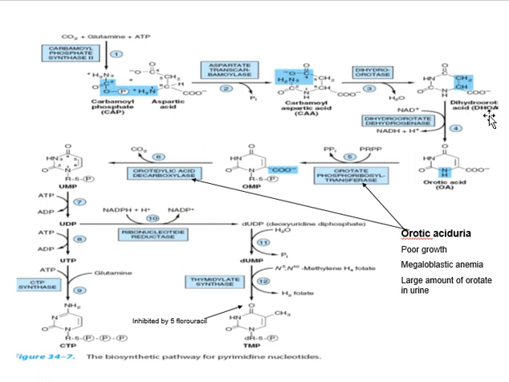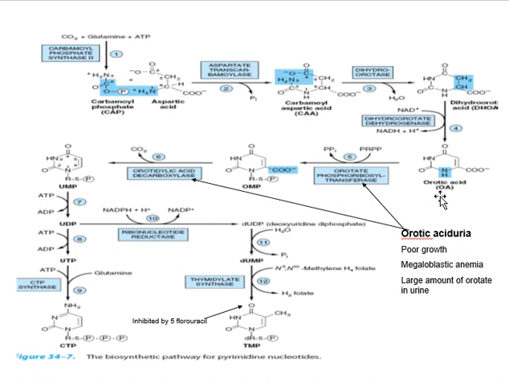Then this dihydroorotic acid undergoes NAD dependent dehydrogenation by the enzyme dihydroorotate dehydrogenase. So after this dehydrogenation reaction, dihydroorotic acid is converted to orotate or orotic acid, and this orotic acid is an important intermediate in the pathway of synthesis of pyrimidine nucleotides.